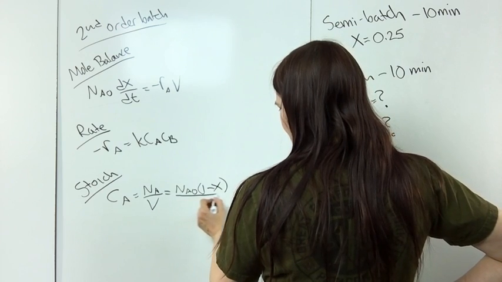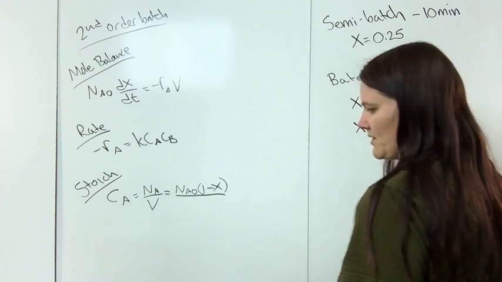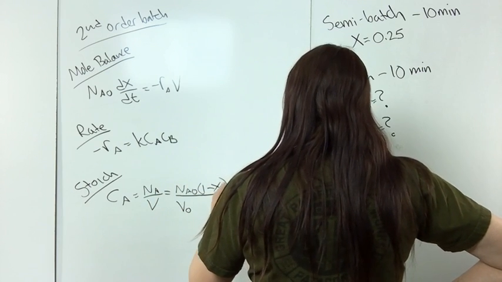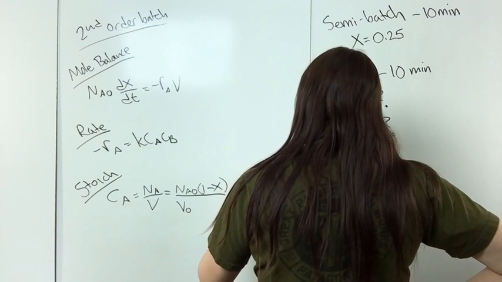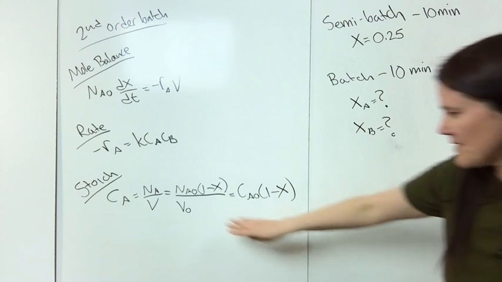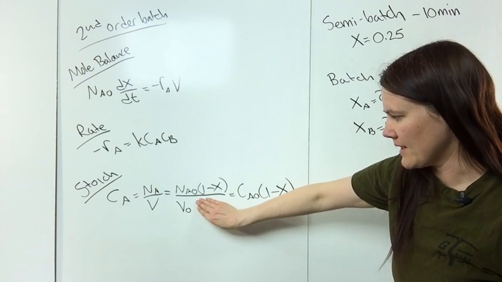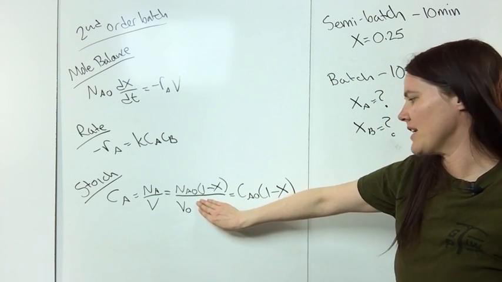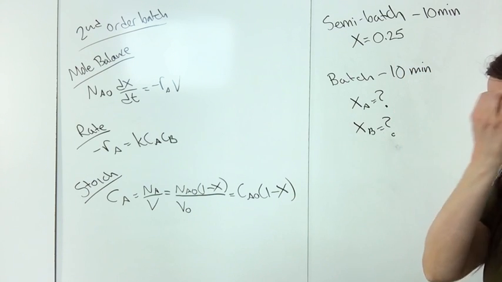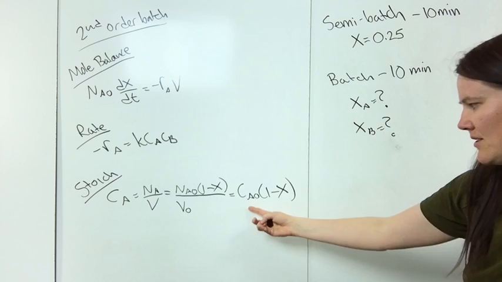And in this case, V is equal to V_0 because there's no volume change, so this is just V_0. So then you get C_A0 (1 minus X). So just be clear, if you're dividing your volume through, just make sure that you can. If your volume's changing, like in the case of the semi-batch, you can't just do this.